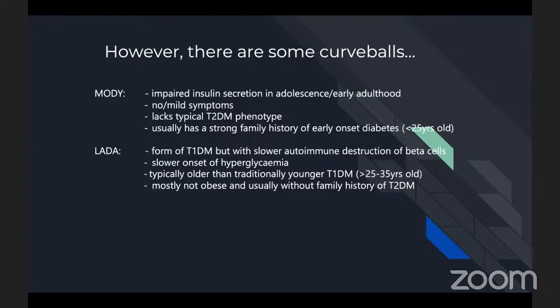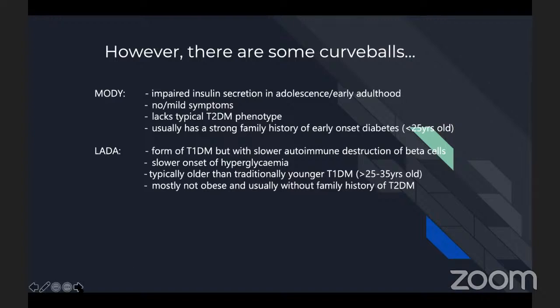Another group that tends to be quite a popular one is latent autoimmune diabetes of adulthood. It is a form of type 1 diabetes that's often confused for type 2. It is characterized by a slower autoimmune destruction of the beta cells, and thus results in a slower onset of hyperglycemia.